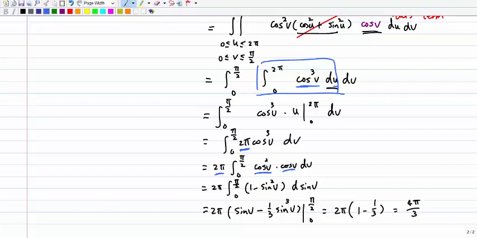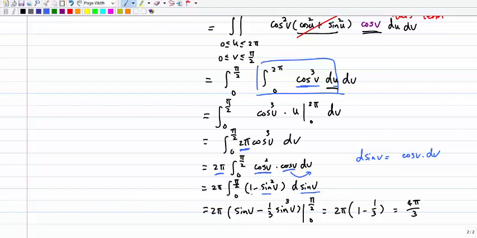Then I move the cosine v to the right hand side and get a d sine v, because d sine v is cosine v times dv, right? That's equivalent. That's why I can replace that one. So when you integrate 1 minus sine v squared with respect to sine v, I get 2 pi times the integration. The integration of 1 over sine v is just sine v.